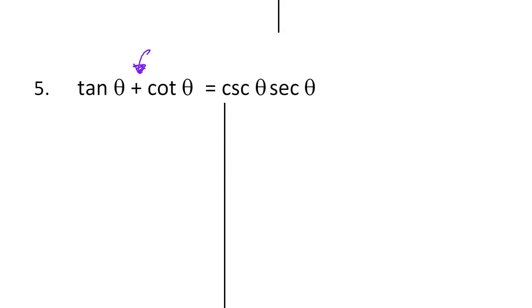So I'm going to work on the left. First step, whenever I'm stuck, change everything into terms of sine and cosine. So tangent of theta becomes sine of theta over cosine of theta. Cotangent becomes cosine of theta over sine of theta.